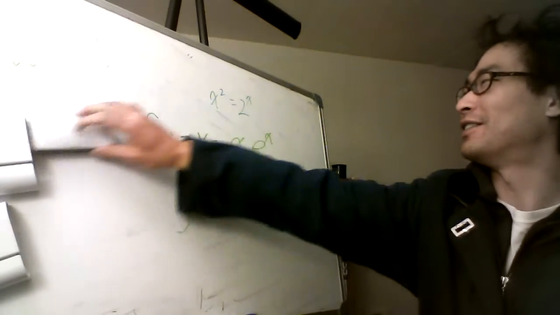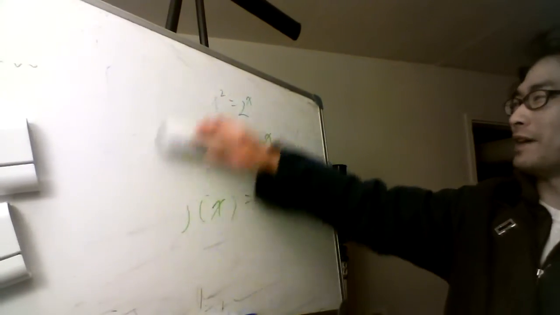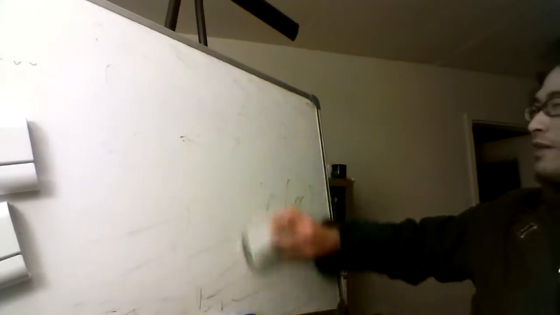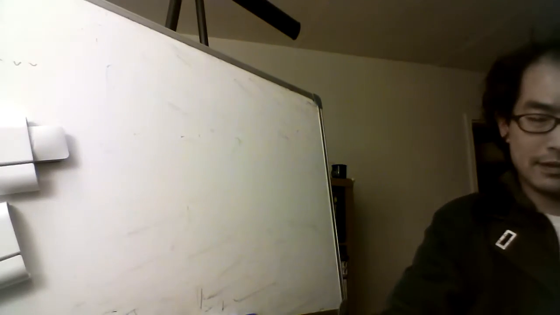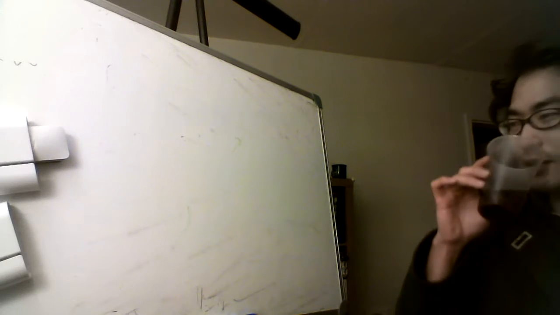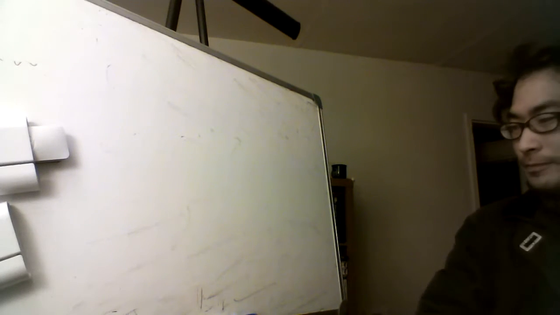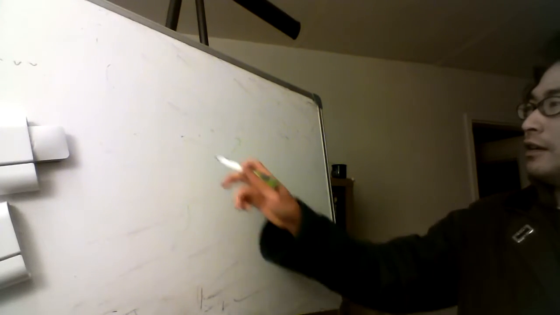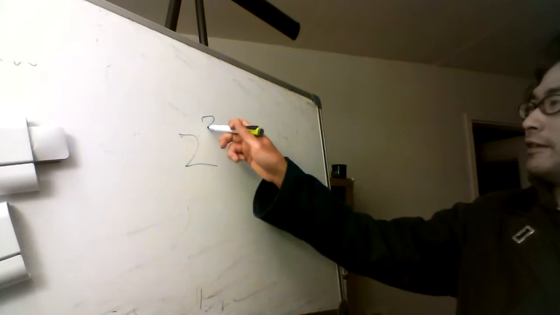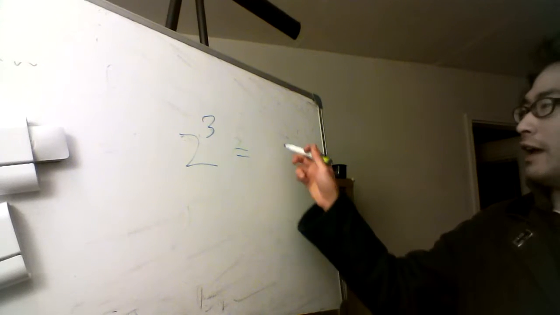All right. So let's go back to basics. I don't want to skip too many things. I explained to you something very basic in mathematics. Let's say 2 to the 3 is what? 8, right?